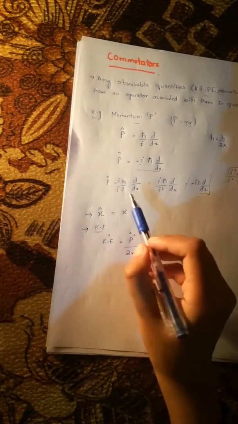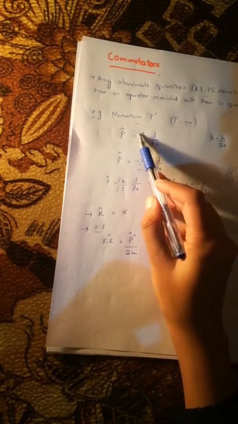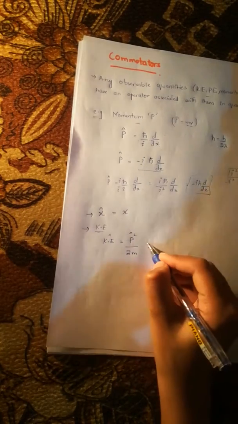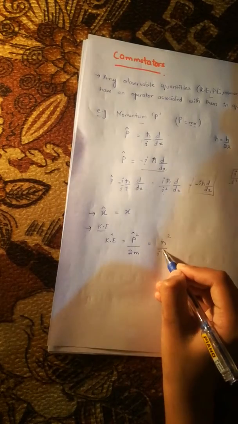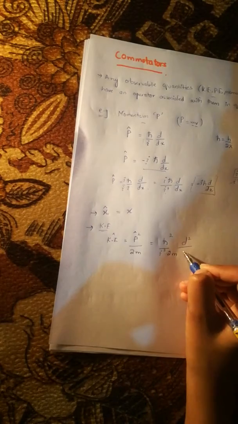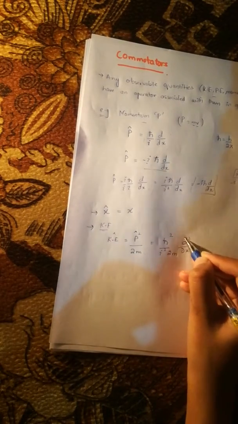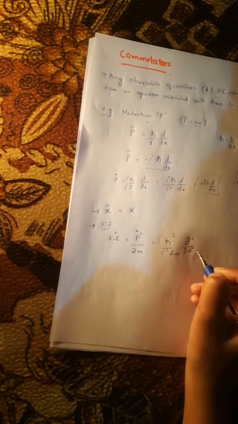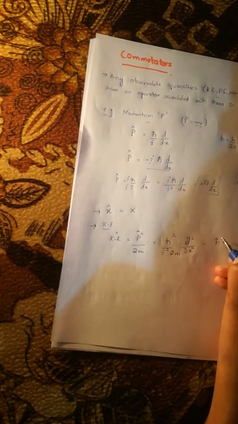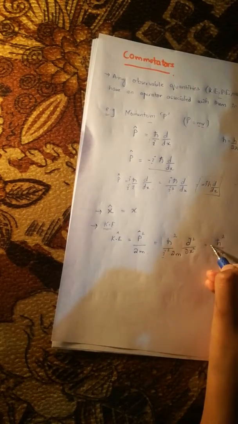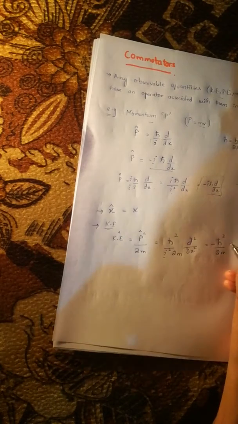As we know, p square is equal to this one, so we will write it as h cut square eta square over 2m, differential and differential x square. If we solve it, we will get h cut square over 2m. This eta square will convert into minus, and d square over dx square.